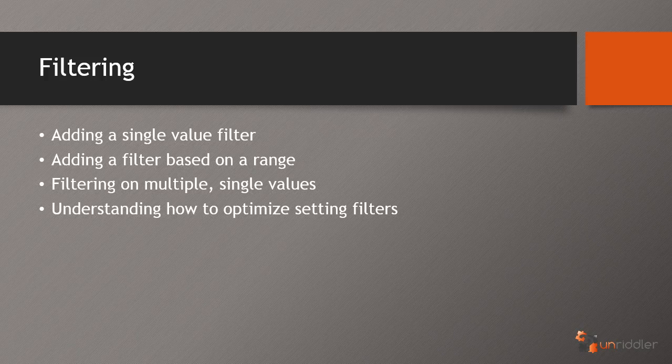And then I'm going to end with just briefly talking about how we optimize our settings for filters. And when I say optimize, it's looking at the data and what we actually want to see and applying the right filters. Sometimes it may make sense to exclude a data set or a data value rather than trying to, on the filter, say I want to see 10 different cost centers.